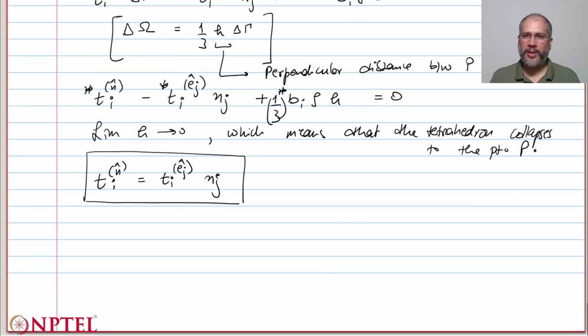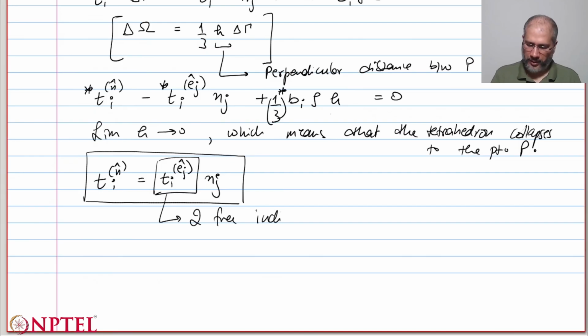Now there's something interesting happening here: this quantity, which is a traction vector on a coordinate plane E_j as a cutting plane, has two free indices. So this allows me to define a second order tensor sigma_ji as T_i(E_j hat).